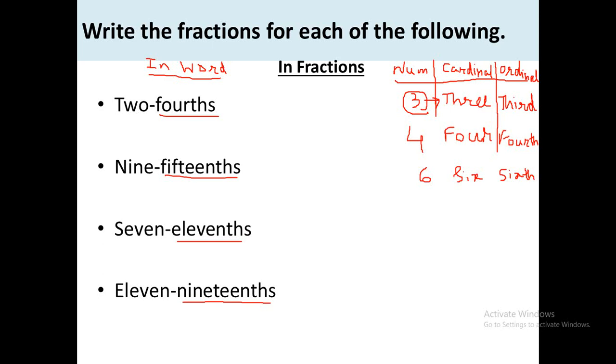Now in case of fractions, you know it has two parts, upper part and lower part, and the lower part shows the whole. So while writing the whole, we will write the ordinal form of the whole. Okay, whole will be written in ordinal form, right?